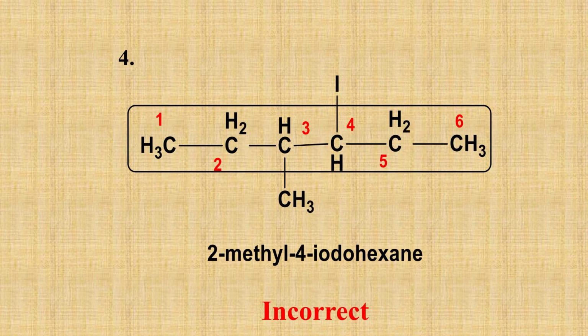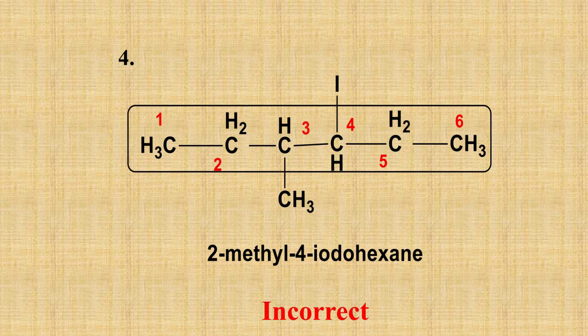Next example, you see it, this one, same thing, but students, I have written it incorrectly. Then what is the correct one? The numbering is wrong. The numbering is from left to right, but it should be from right to left, because iodine comes first, then methyl, as per alphabetical order.